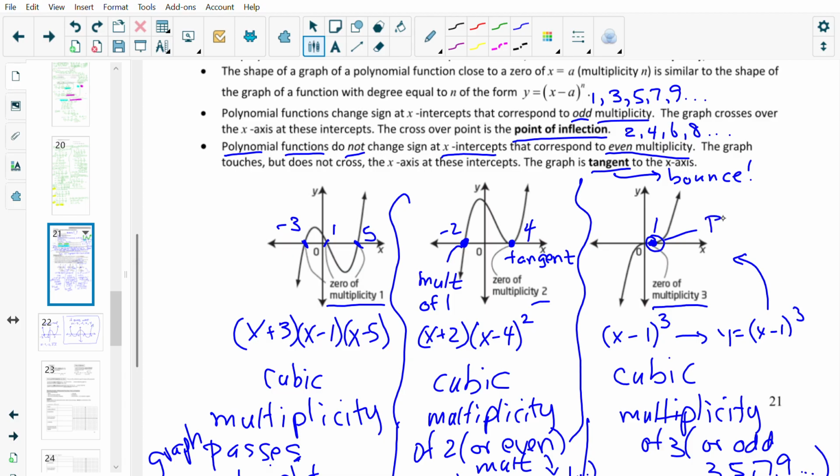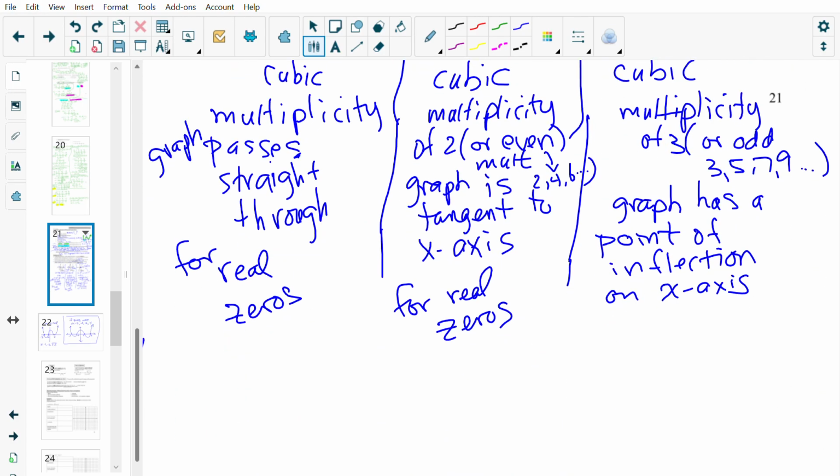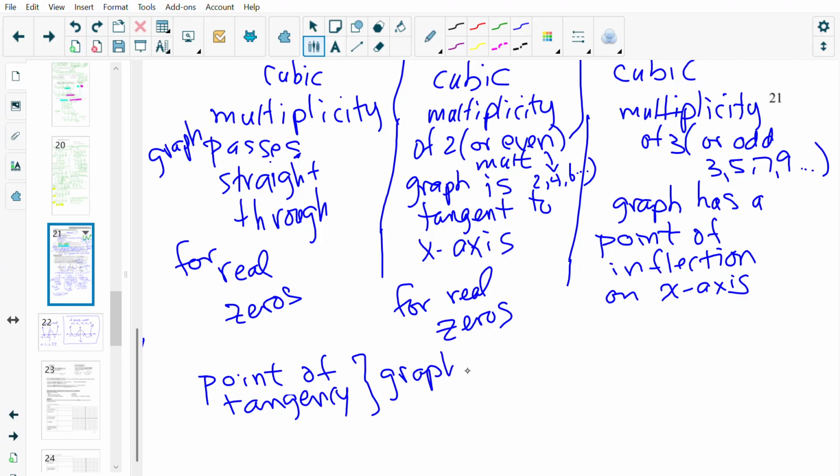This is the point of inflection right here. On the next page, we'll define what point of tangency and point of inflection is. But when you have a point of tangency, think graph bounces.